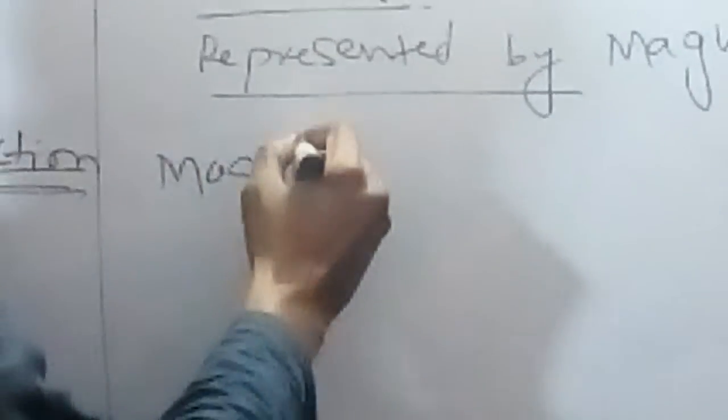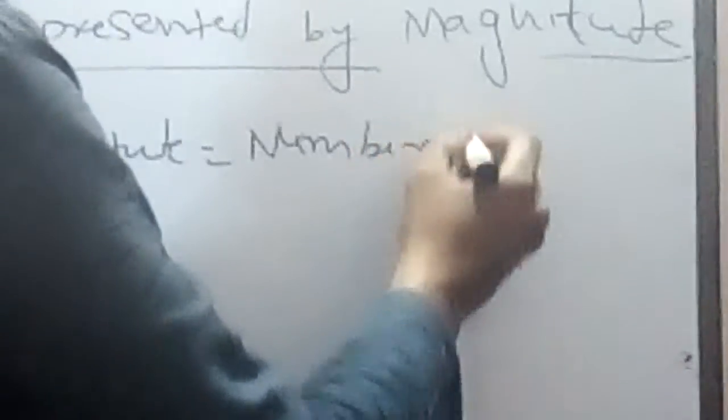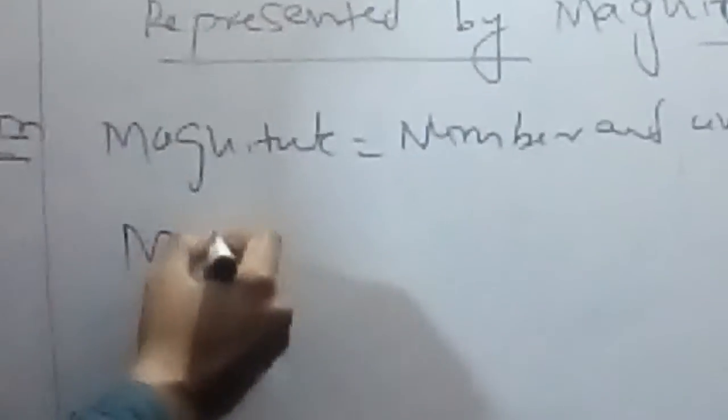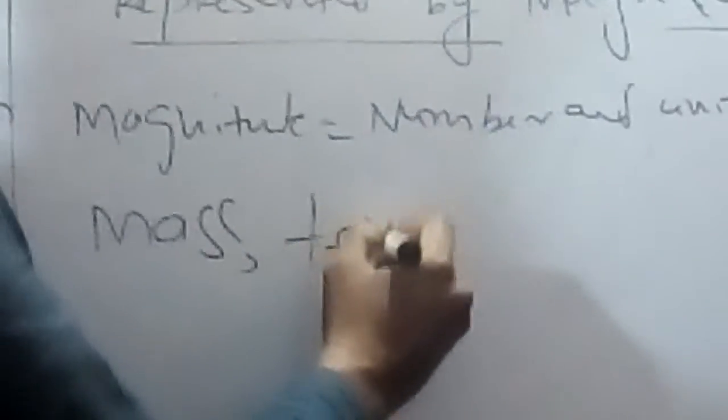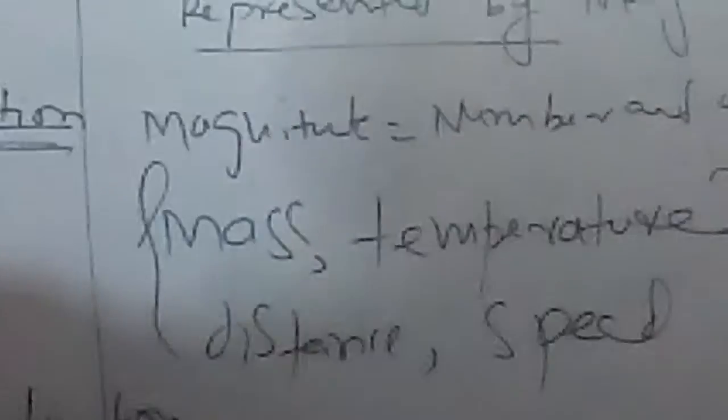Magnitude means number and unit, just like mass, temperature, distance, speed. Now these are the examples of the scalar quantities.